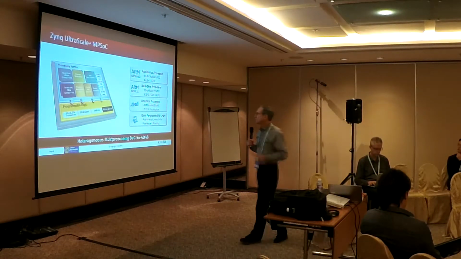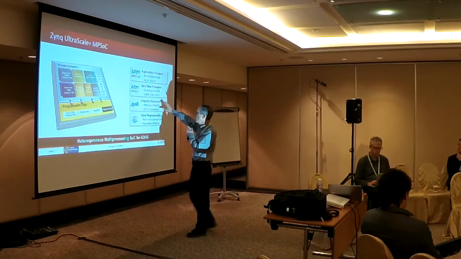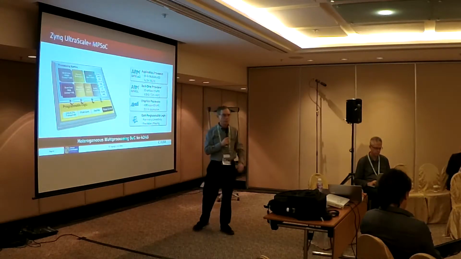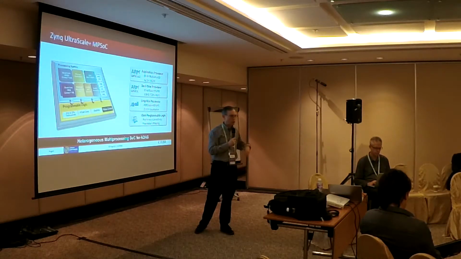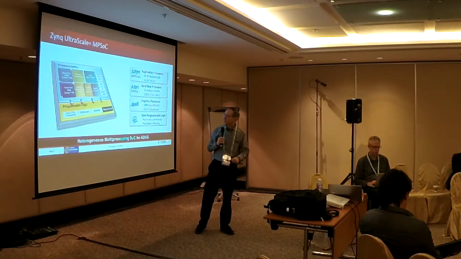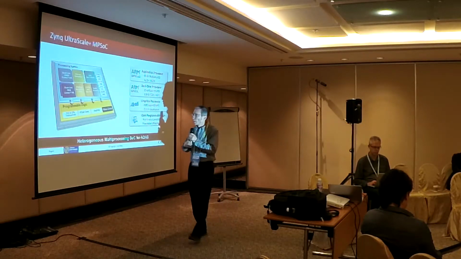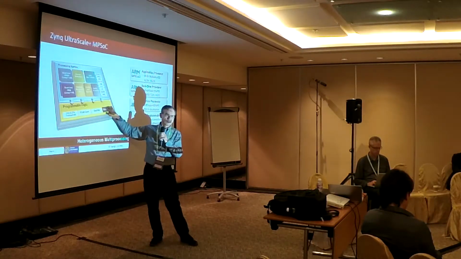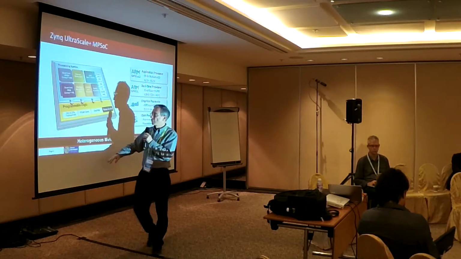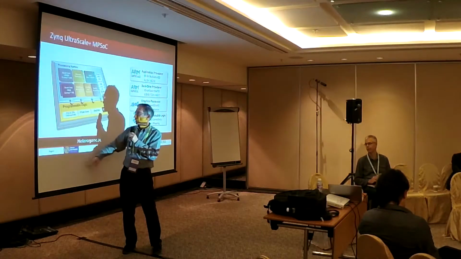Okay, and let's see, our devices have the Mali 400 graphics processing unit, especially for small embedded applications. It's a great little graphics unit for displaying 2D and 3D graphics. Some of our devices have video codecs for compression and decompression, H.264, H.265.